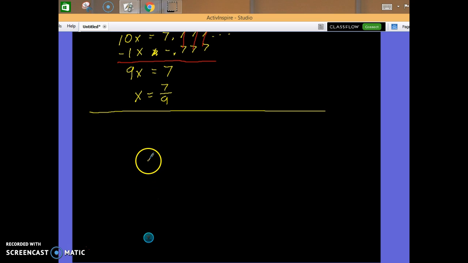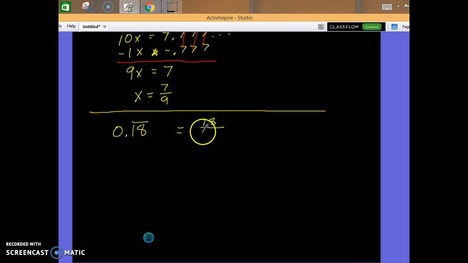Let's look at something like 0.18 repeating, where the 1 and the 8 are repeating. We're going to take that part that repeats, the 18, and put it over that many 9s.